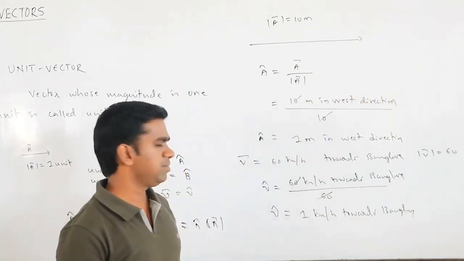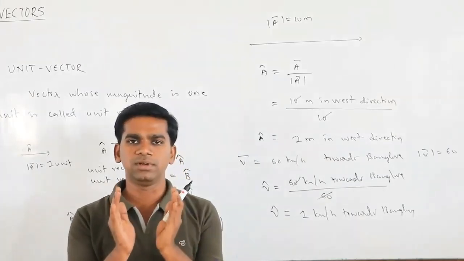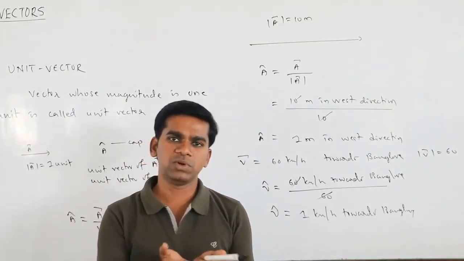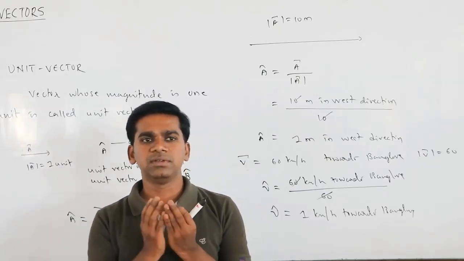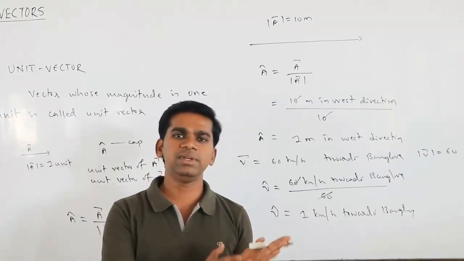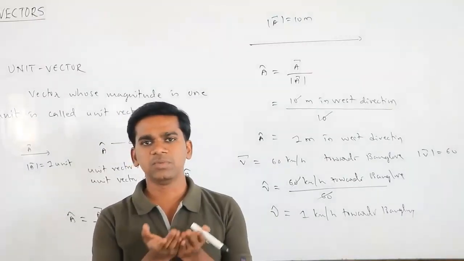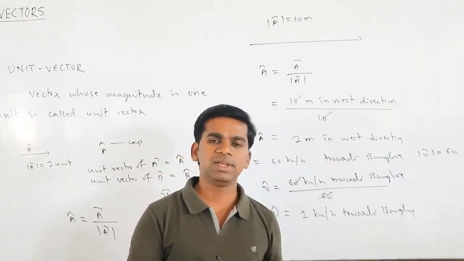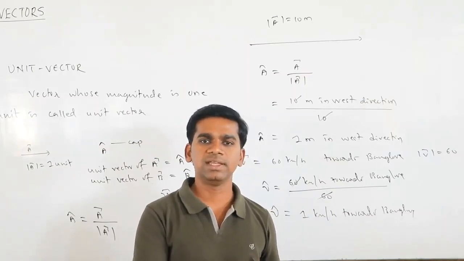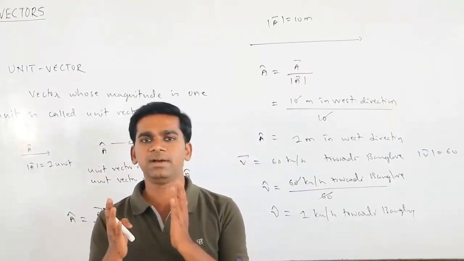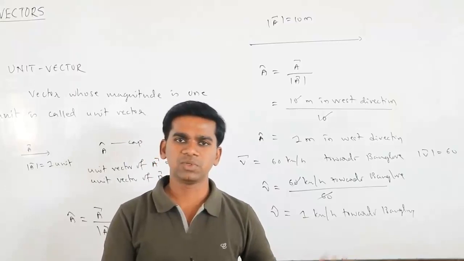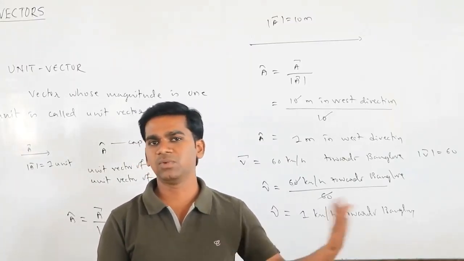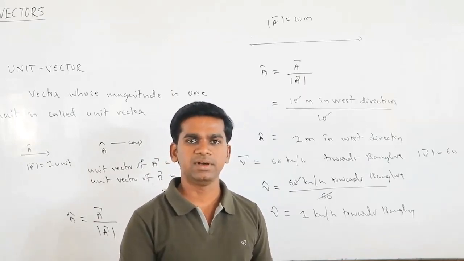So unit vector means the smallest unit measurement. Suppose it is 100 kilometers, then 1 kilometer is the unit vector. Suppose it is 100 centimeter, then 1 centimeter is going to be your unit vector. If you multiply 1 by 100 times, you will get the real vector. If you add 1 kilometer 100 times, you will get the actual vector.